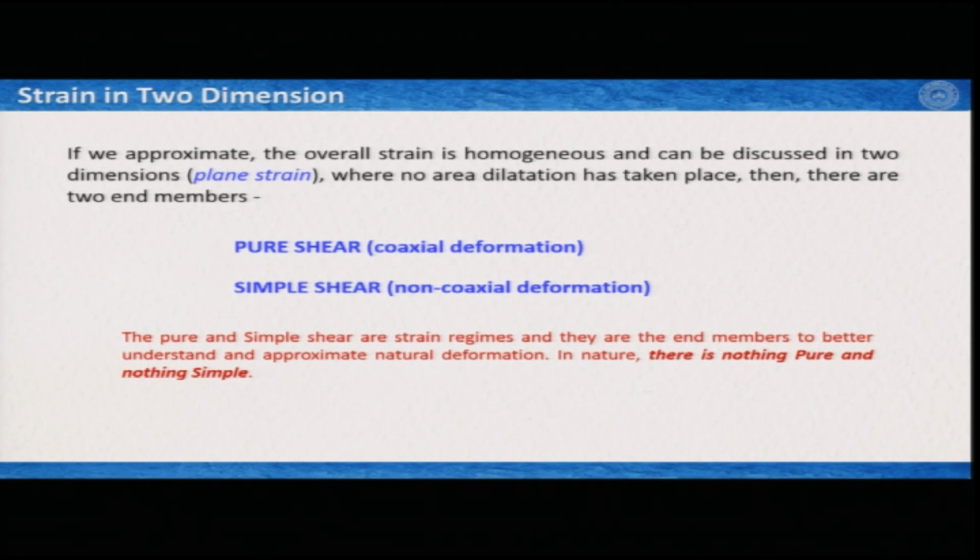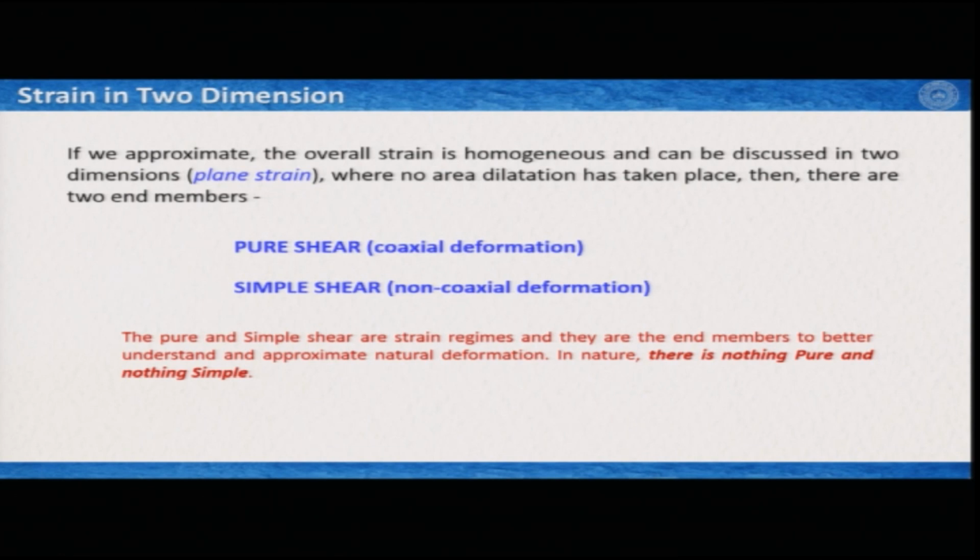If we approximate that the overall strain is homogeneous and can be discussed in 2 dimensions, that means it is plane strain, your y-axis has no deformation, and no area dilation has taken place. Then in the entire range of 2-dimensional homogeneous area-constant deformation there are 2 end members. One is pure shear, sometimes referred to as coaxial deformation, and another is simple shear or non-coaxial deformation.